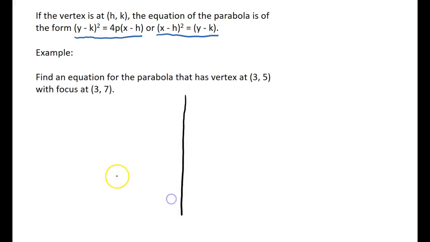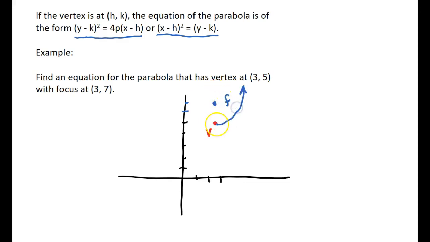I'm just going to do a quick sketch here, okay? So I've got 1, 2, 3, 1, 2, 3, 4, 5. So there is our vertex, and our focus is at 3, 7. So there's the focus.